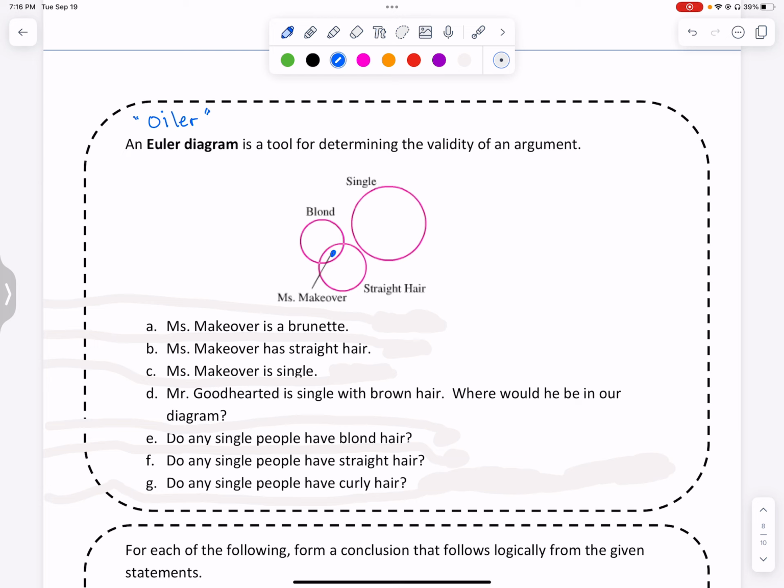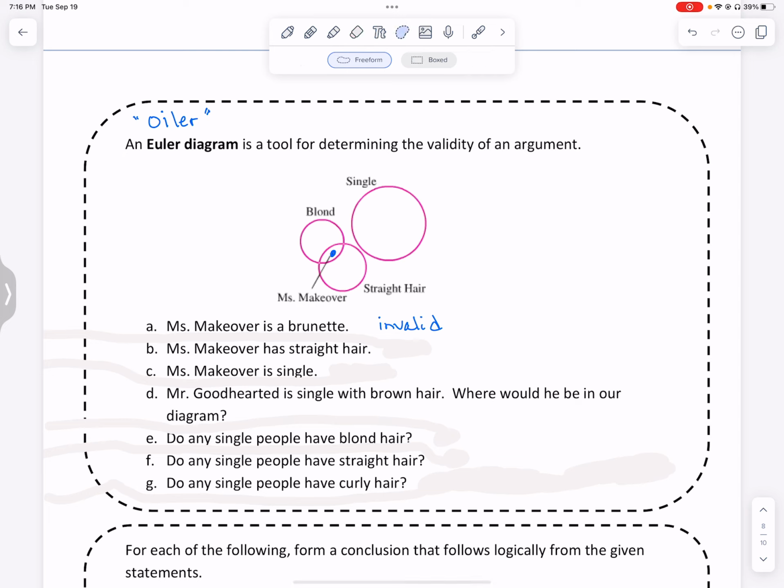So Miss Makeover is a brunette. Is Miss Makeover a brunette? Well, look, Miss Makeover is in the blonde circle, so that's invalid, right? Miss Makeover is actually blonde. Miss Makeover has straight hair. Notice where the straight hair is.